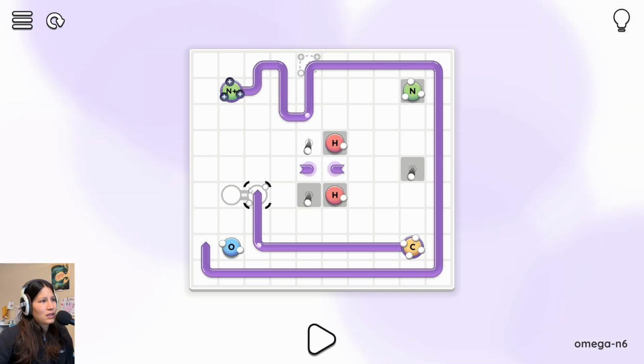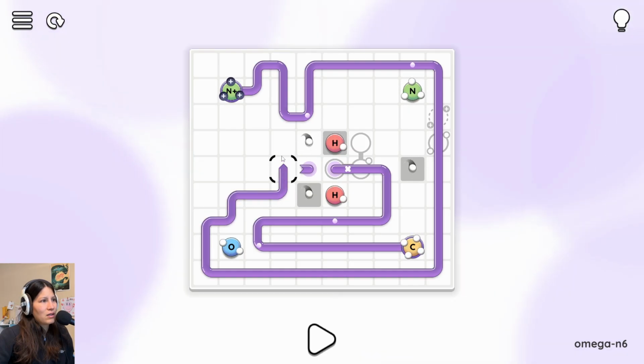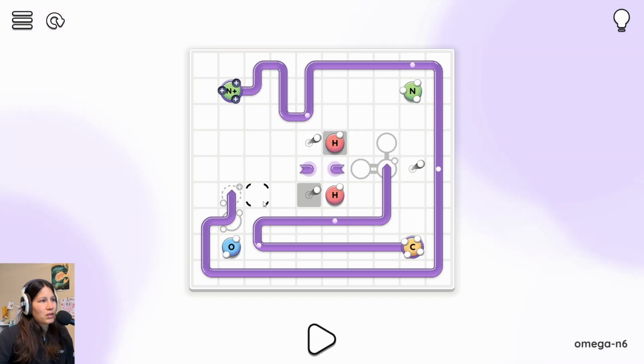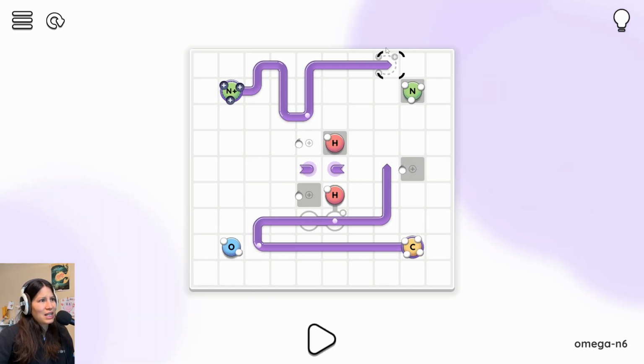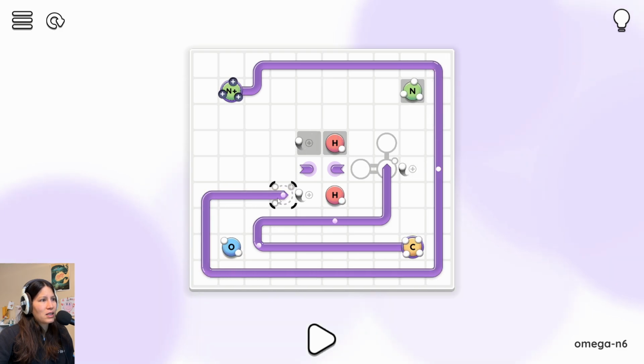Like, this kind of blocks it off. Oh, maybe I can do that. Like, okay, this would theoretically, I mean, if it weren't just blocked off here, but like that. Okay, that gets them all, but it also does not get the nitrogen afterwards. So maybe I could go like this.